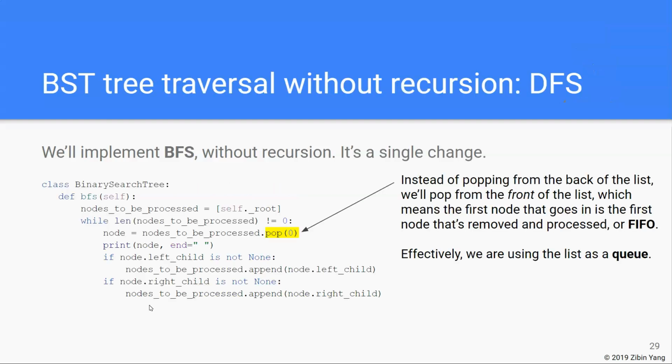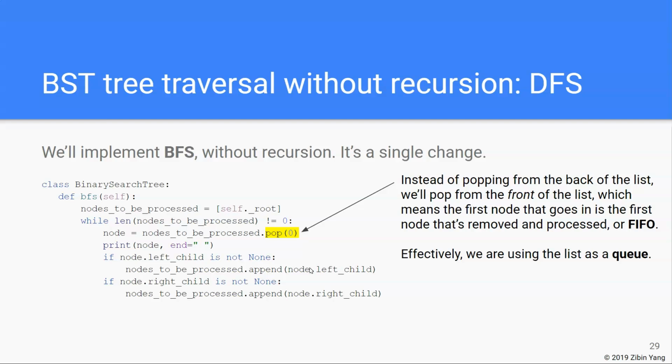So here is a standard implementation of BFS. The only change we made from its DFS brethren is when we remove the node from the list, instead of popping it from the back of the list, we actually remove it from the front of the list. Everything else stays the same.